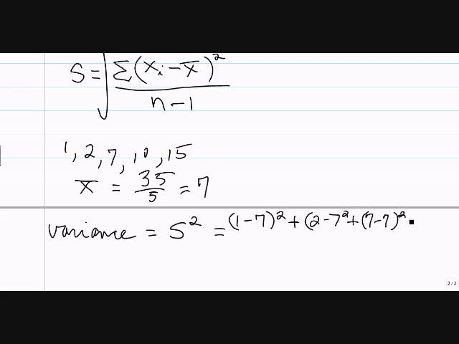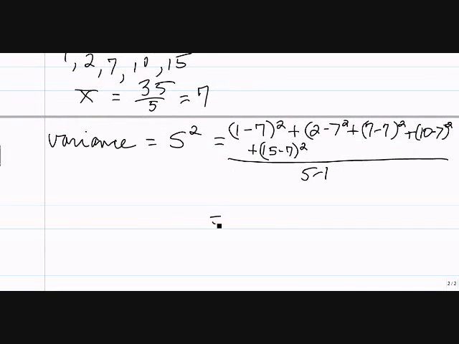Oh, 0, that's easy. Plus 10 minus 7 squared plus 15 minus 7 squared. Sum all that up and divide it by n minus 1. The number of values I have, 1, 2, 3, 4, 5. So divide that by 5 minus 1. And I get 134 divided by 4 gives me what we call the variance of 33.5.